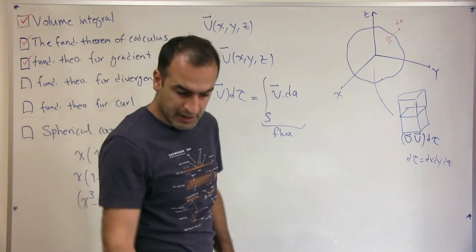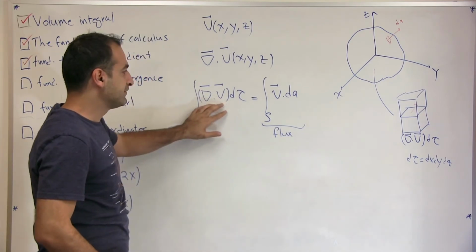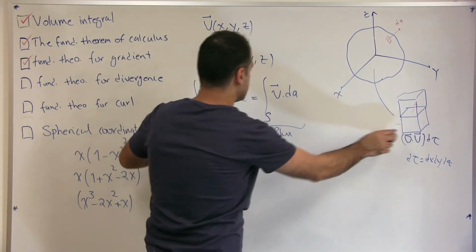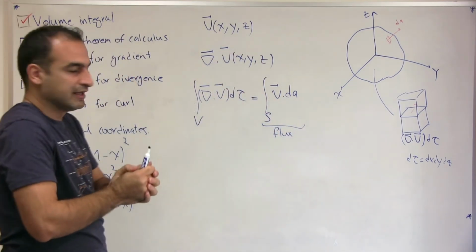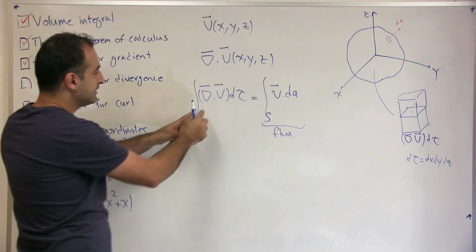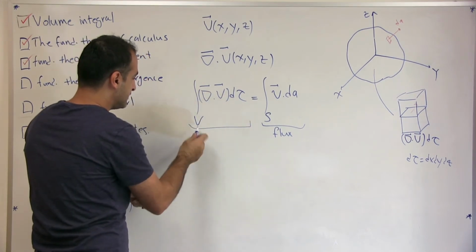Okay, so this is like adding fluxes of small cubes, which becomes the flux going through the whole shape. Okay, but if you look at this, again, this is a derivative, and the whole thing here is the integral of the derivative.